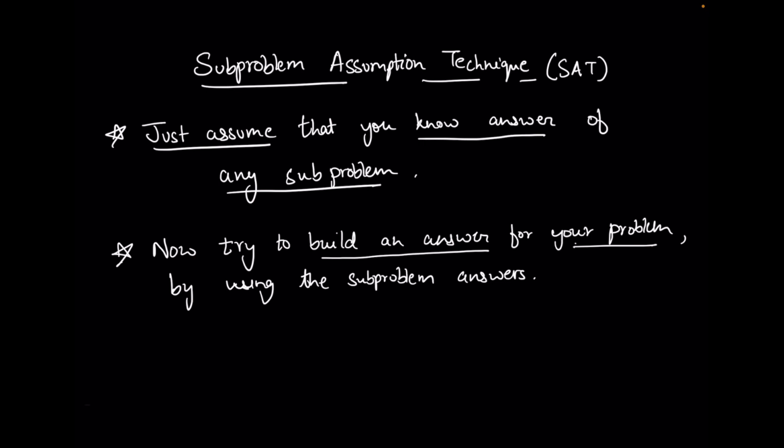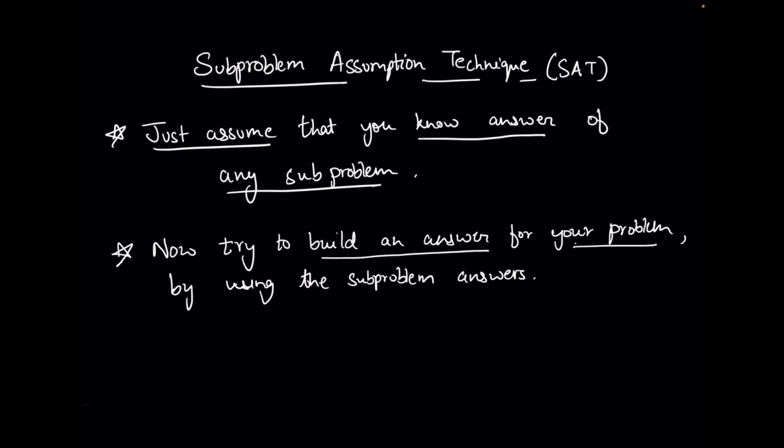This might not seem very useful advice, but this is actually very, very important. It was a pretty big game changer for me, because what we're actually doing in the assumption here is assuming that our recursive function always works correctly for any subproblem, right? We assume that we get the answer of any subproblem by making a recursive call.